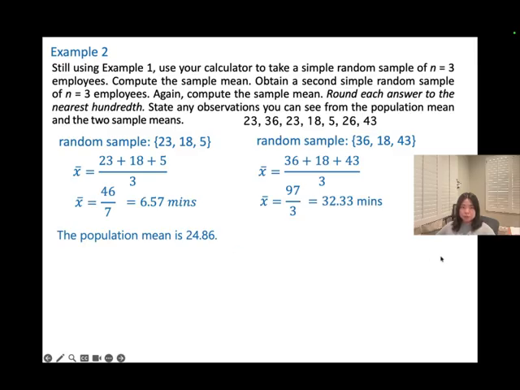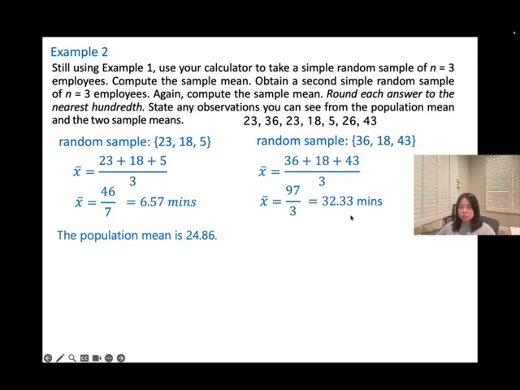Why would this happen? Because for the sample mean 1, we contain the smallest values in the data set, right? 5 and 18 are the smallest data in here. And that's why we're going to pull the mean down. But for the sample mean 2, the data includes the largest values, which are 43 and 36.